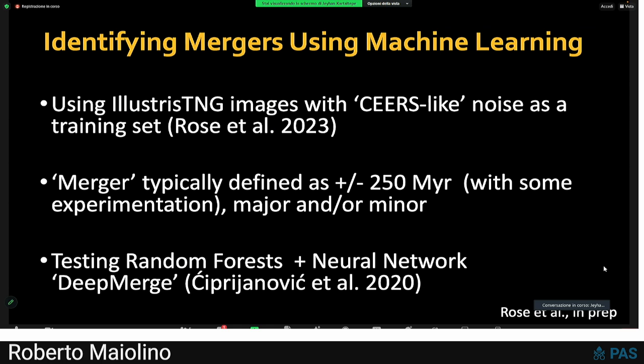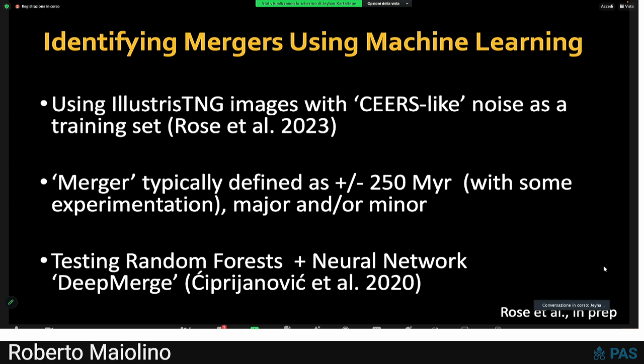We're using IllustrisTNG images that have CEERS-like noise added to them as a training set. This was published by Rose et al. last year. We're defining a merger typically as something that's within plus or minus 250 million years of the merger. There's some experimentation, but the IllustrisTNG timescales aren't so fine that you can divide this up too much.